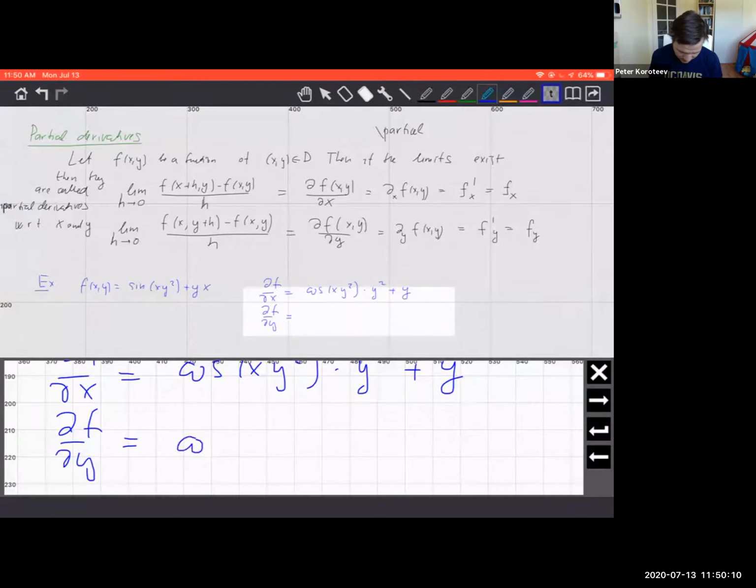So you first differentiate sine, you get cosine, and then the derivative of the thing inside, which is 2xy plus x. Yeah, that's right. So that's that.